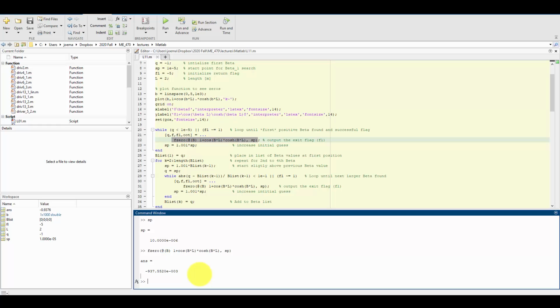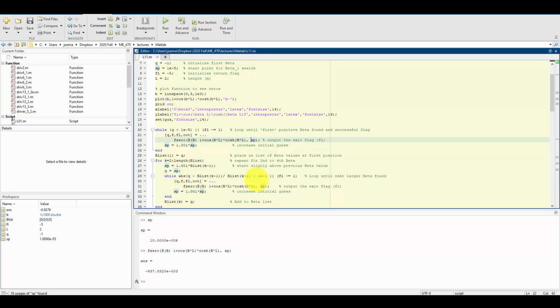In terms of what is my first positive beta, I haven't found it, which means probably my starting point was too small, and this is where the solution gravitated to. So what I'm doing in this loop is I'm going to keep checking 2 things. If we see what's coming out of this fzero, I'll run this line again.